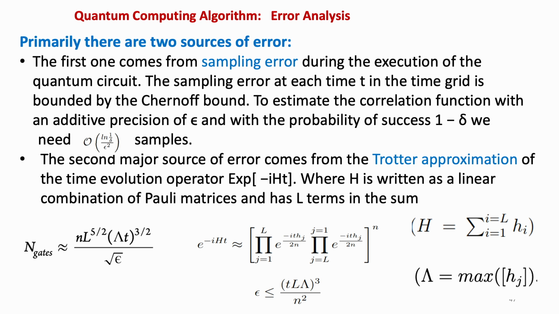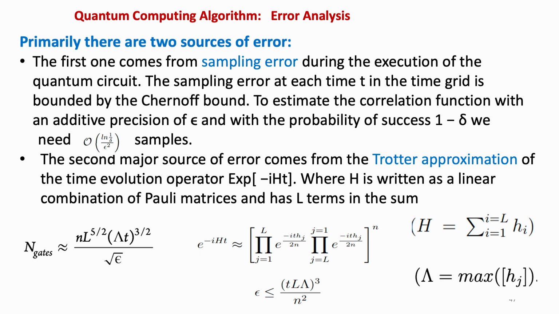So just to finish, about the source of errors, we have two. One is the sampling error, because we're doing the modified Hadamard test. And this is known to scale like log 1 over delta, where delta is the success probability, and epsilon is the accuracy.